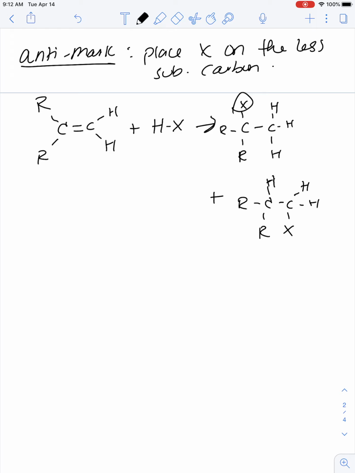So again, this X is going to the more substituted, so this would be our Markovnikov addition. And then this halogen or X is going to the least substituted, so this would be our anti-Markovnikov addition. So again, we're going to go through the mechanism for both Markovnikov and anti-Markovnikov, and we'll look at different factors that tell us which direction the addition is going to go in the next couple pages.